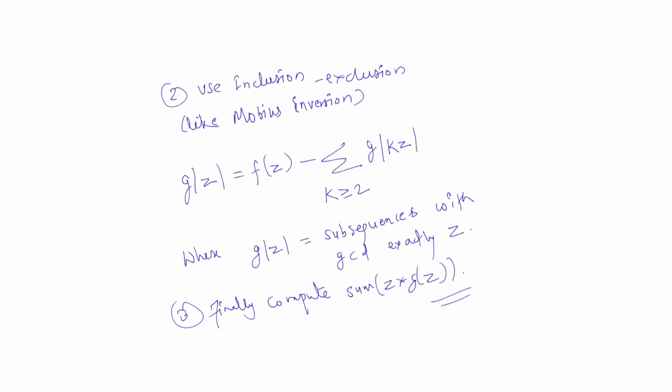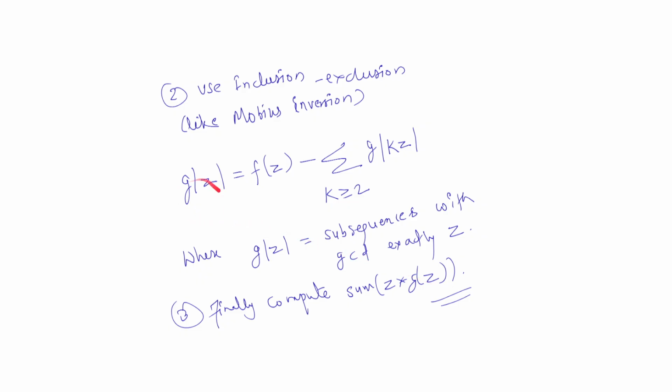And so the other trick we'll use is inclusion and exclusion, like Mobius inversion, where we say g of Z is equal to f of Z minus the summation over k greater than or equal to 2 of g of kZ. Here g of Z is nothing but the number of subsequences with GCD exactly Z, and finally we'll compute the sum of Z times g of Z, where Z is the GCD.